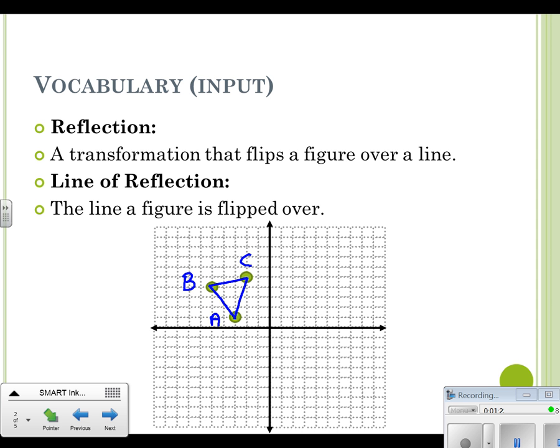And so we're going to take this triangle and we are going to reflect it over the x-axis. So here is our x-axis. We're going to flip or reflect this triangle over that. Starting with A, we look at that line of reflection. A is 1 above it, so once we flip it over, it's going to be 1 below it, right here. B is 4 above the x-axis, so we go straight across and go 4 below.